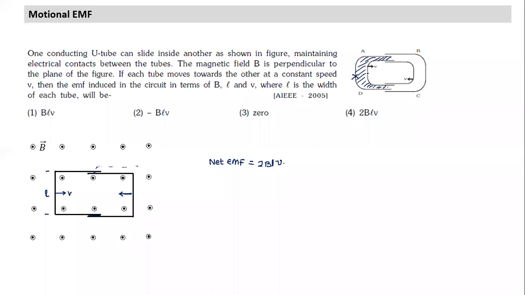But even if it moves, the question may come: should I take this part as one rod or two rods? When we take a rod, if the rod has a certain width, it doesn't matter.